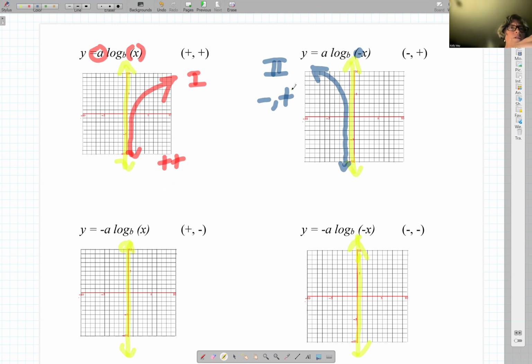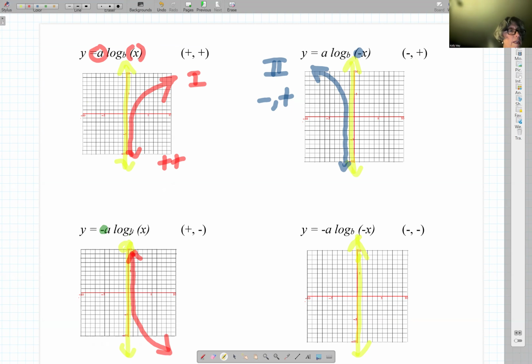And remember, when it's negative right before the function itself, it flips over the x-axis. This one down here, what do you notice? There's a negative this way, so now we're going to flip over the x-axis. So we're going to take that red, and we're flipping it over the x-axis and going this way now. Kind of goes like that. Gets increasingly close to 0.